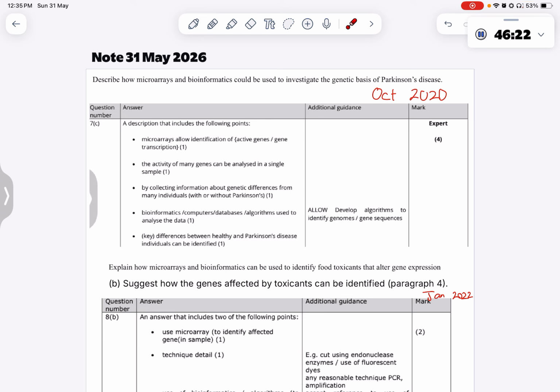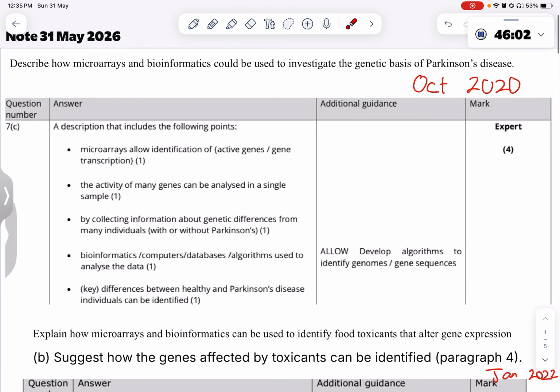Describe how microarrays and bioinformatics could be used to investigate the genetic basis of Parkinson's disease. You will define each of microarrays and bioinformatics, then mention the role of each in determining the genetic basis of Parkinson's disease. Microarrays will allow the identification of actively transcribed genes.